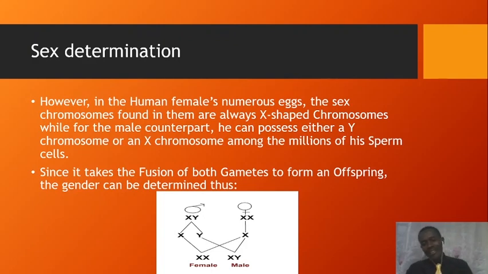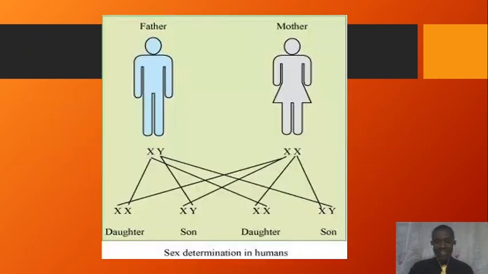Our next slide is going to show you a more diagrammatic representation that will help you understand it better. That is the father there. The father has produced X and Y gametes among his millions of spermatozoans, while the woman will always produce X and X. And then when you do your monohybrid crossing, these are the possible offspring you're going to get.